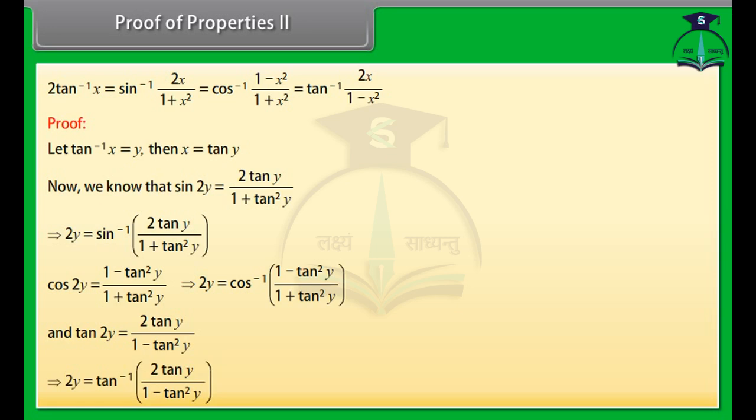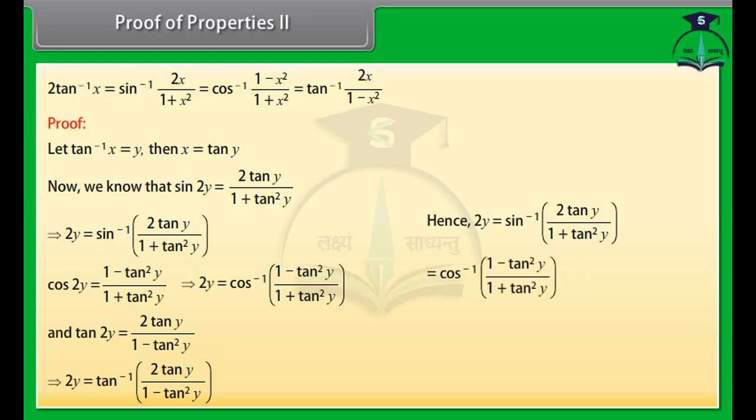It implies that 2y is equal to tan inverse 2 tan y by 1 minus tan square y. Hence, 2y is equal to sine inverse 2 tan y by 1 plus tan square y, which is equal to cos inverse 1 minus tan square y by 1 plus tan square y, which is equal to tan inverse 2 tan y by 1 minus tan square y.